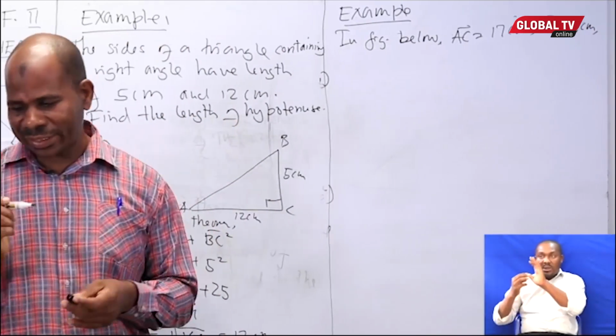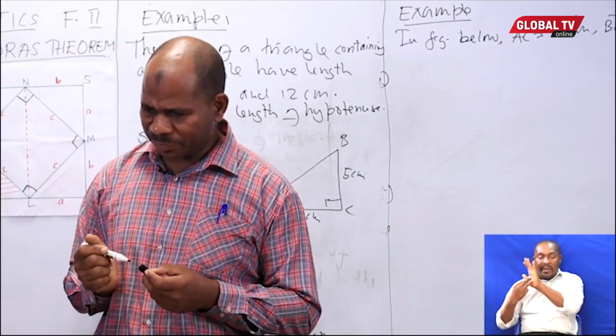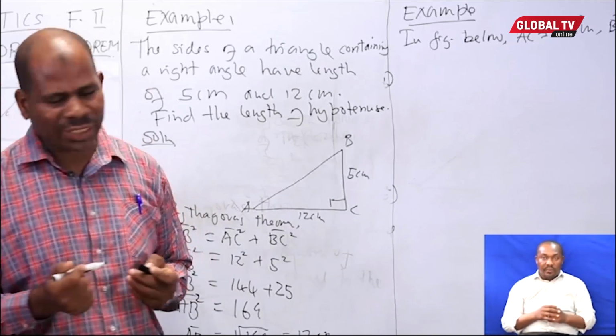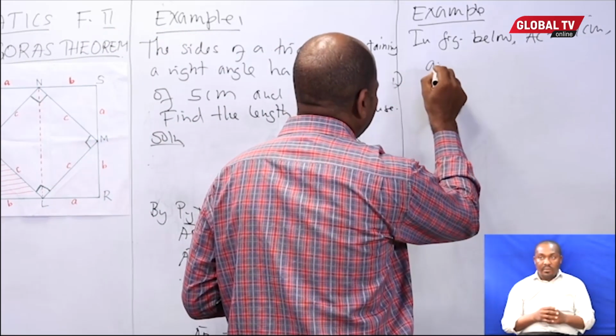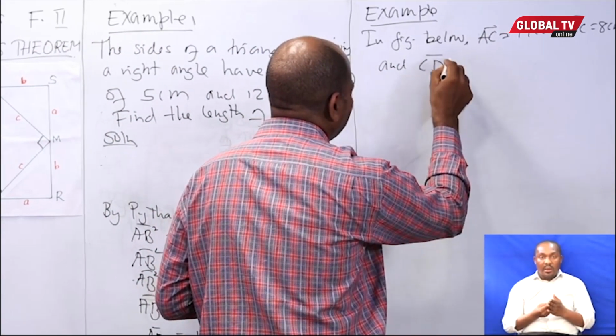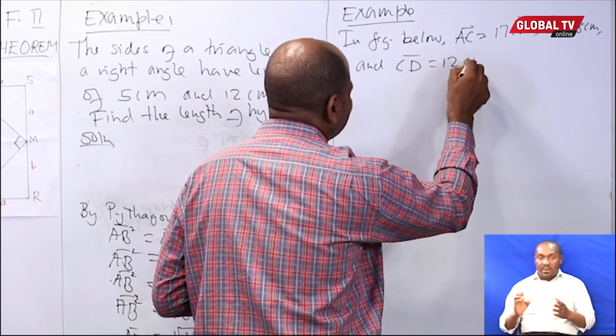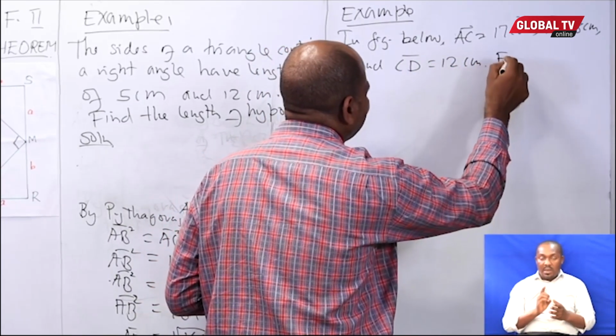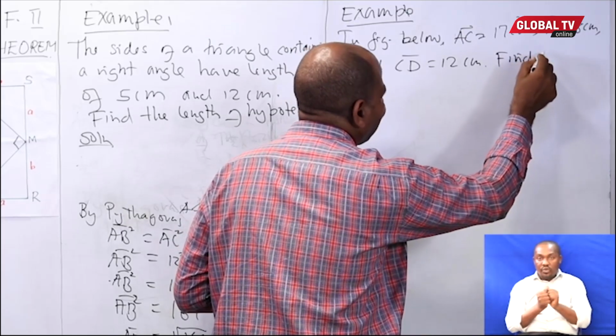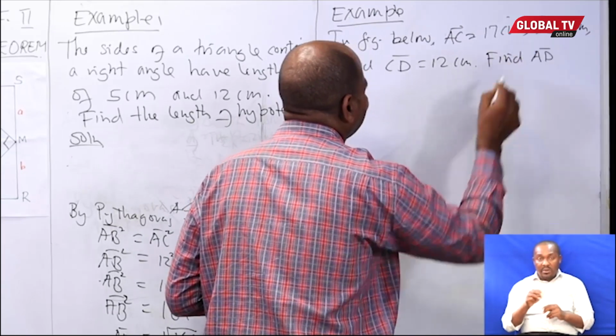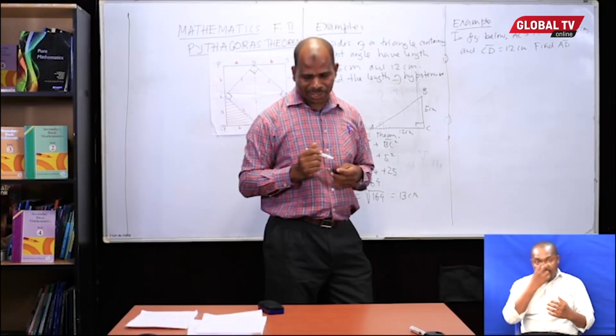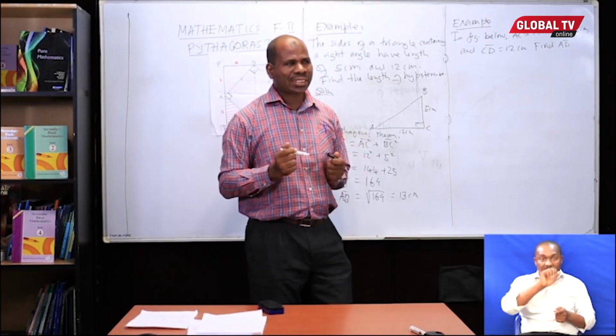We have the length AC and the length BC. And CD is 12 centimeters. Our question is, find the length AD.